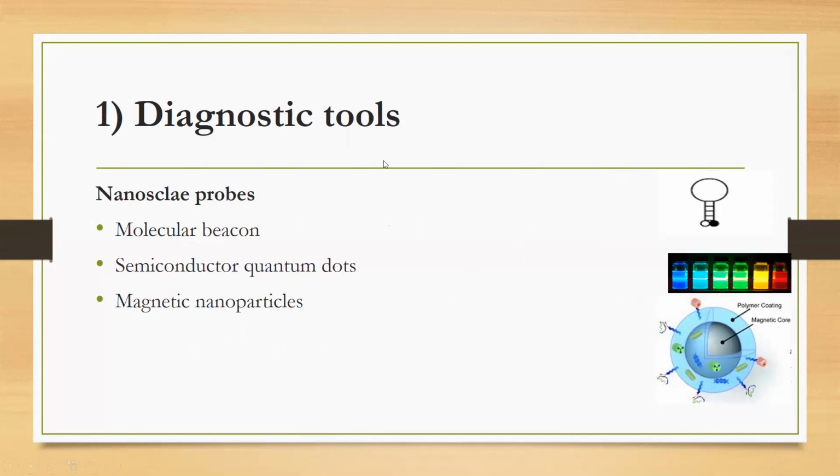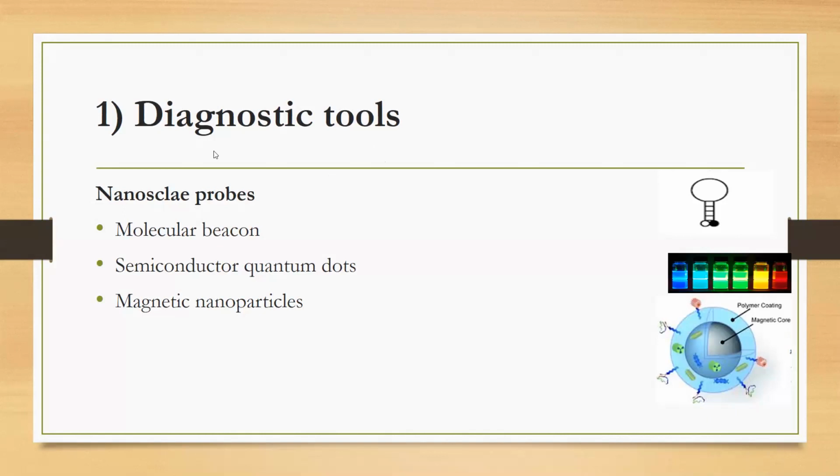So first of all, we are going to discuss the use of nanomaterials as diagnostic tools. How nanomaterials could be used as diagnostic tools in order to diagnose specifically the cardiovascular diseases or the plaques that are developed in the blood circulation system.